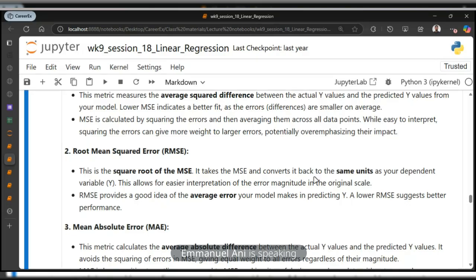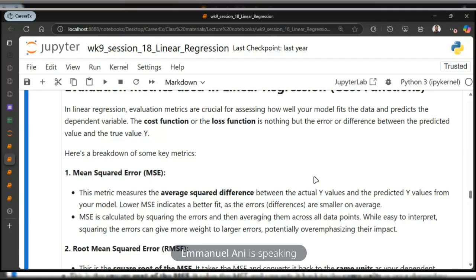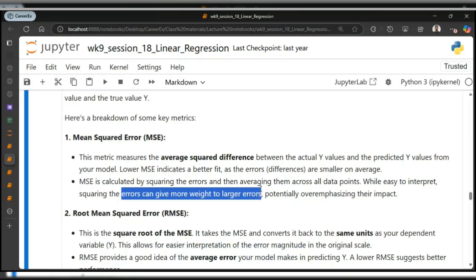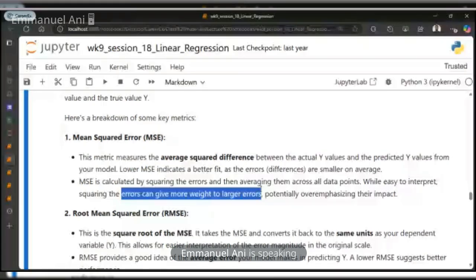In mean squared error, you can fall into this kind of problem where bigger errors impact the final value. Where you have larger errors, probably an outlier or something, it affects the overall error, right? So mean squared error is not robust to outliers.